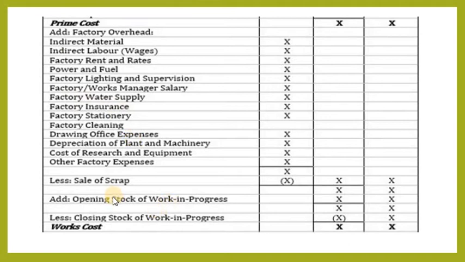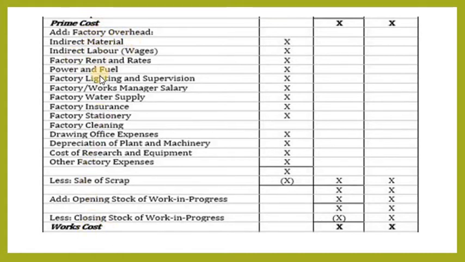Next, less sale of scrap. If there is any sale of scrap, we deduct it from the total overheads. Then add opening stock of work in progress and less closing stock of work in progress. Then we get the work cost of production. Are you clear? After completing the calculation of prime cost, we add factory overheads to it and get the work cost.